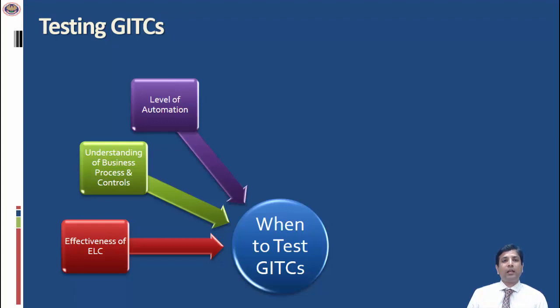If the level of automation is high, then the chances are we may have to rely more on GITCs or ITGCs. In which case, our testing of ITGCs should start earlier in the audit rather than later.